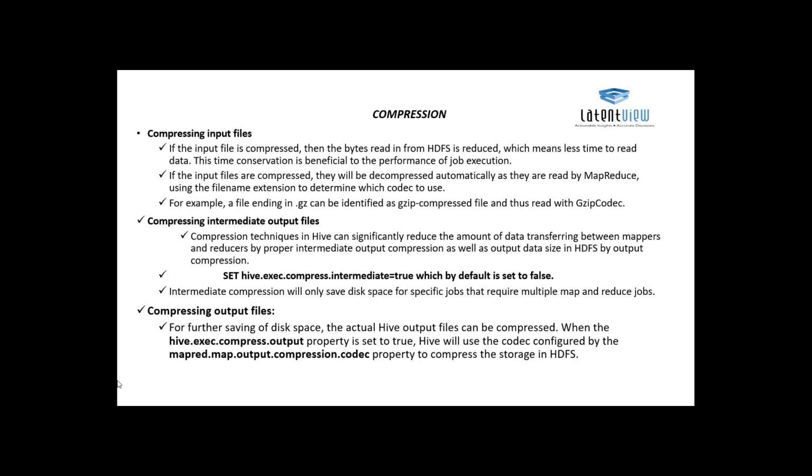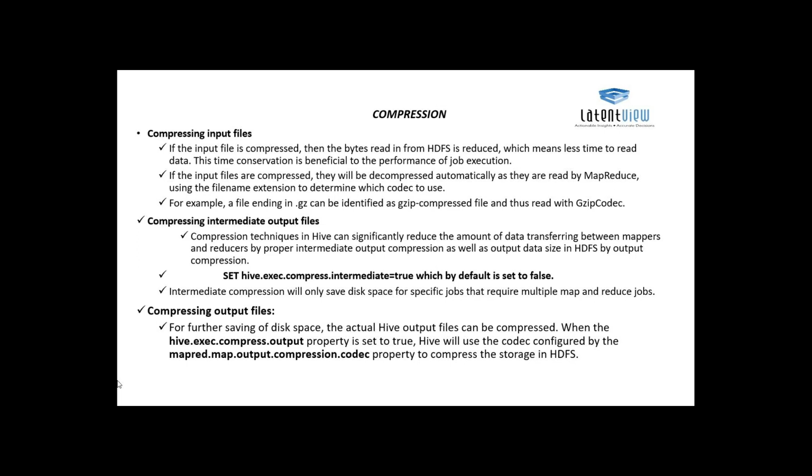There are three ways to achieve compression in Hive. One is you can compress the input files, or you can compress the intermediate output files, or finally you can compress the output files. What this means internally is, say you are doing a select star from your table.